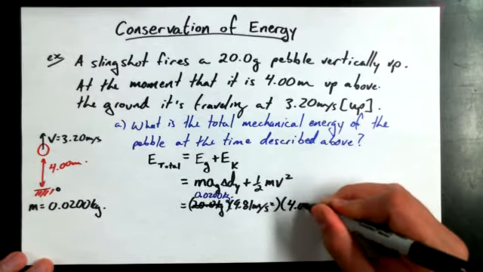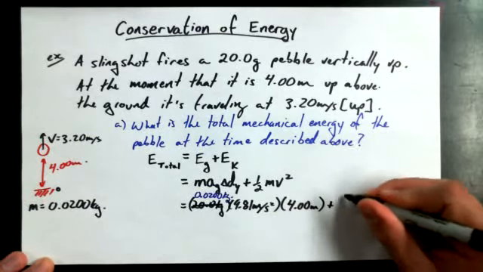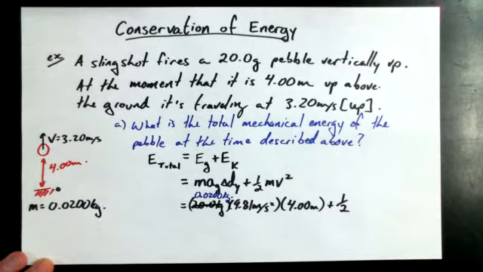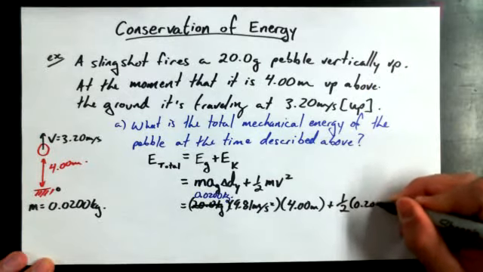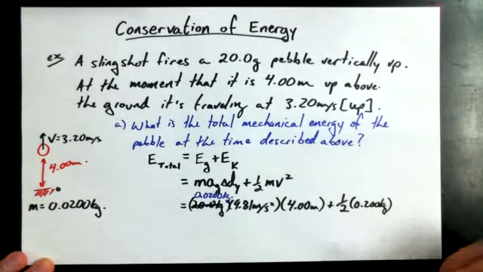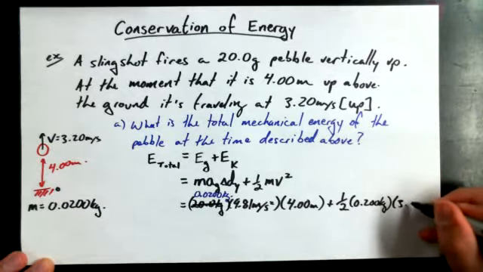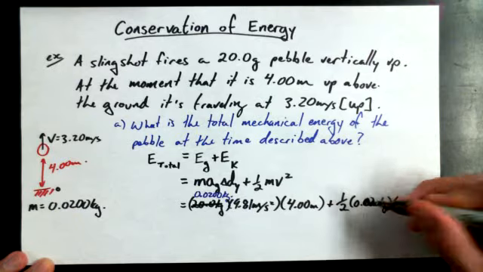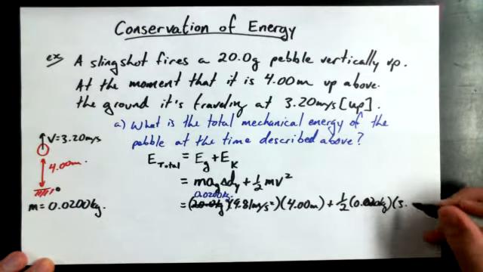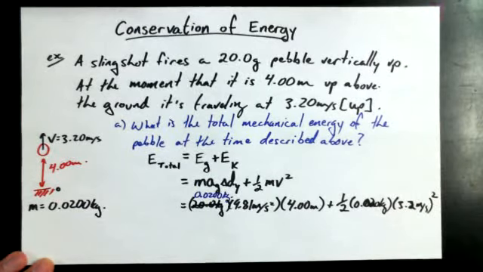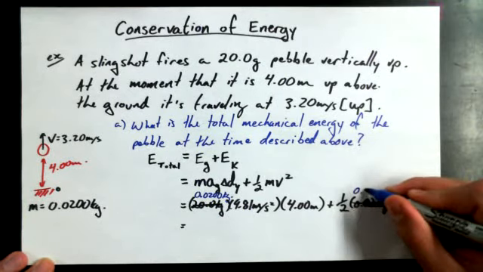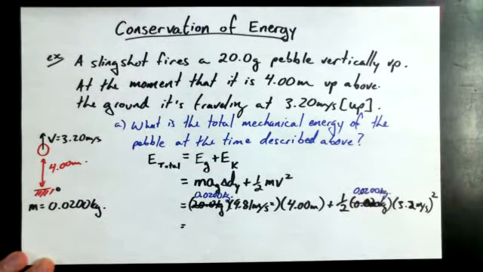Times the height, 4.00 meters, plus 1/2 times 0.0200 kilograms times 3.2 meters per second, and that value squared. Oh, I did it again. It's not a good day for me.